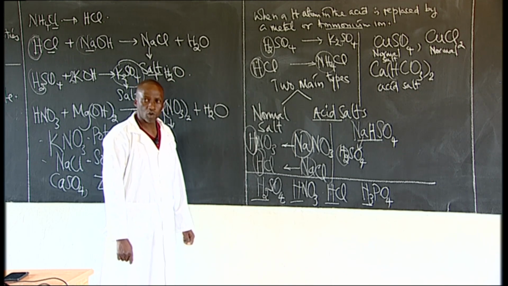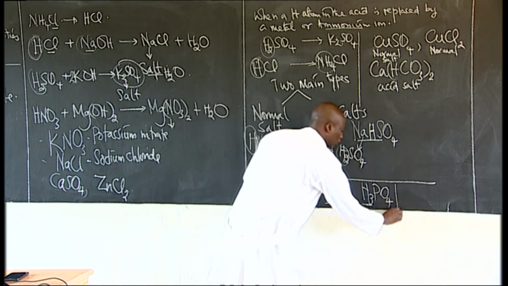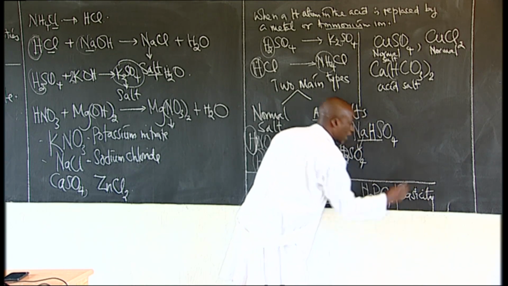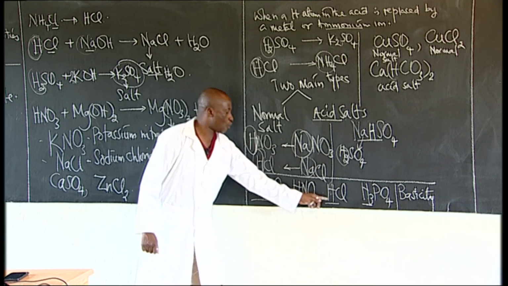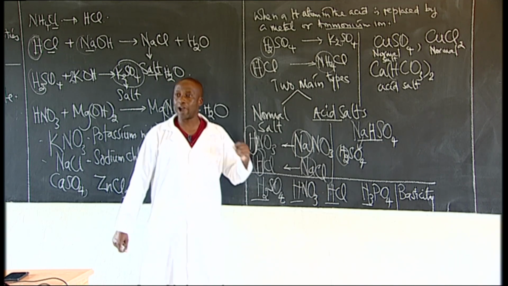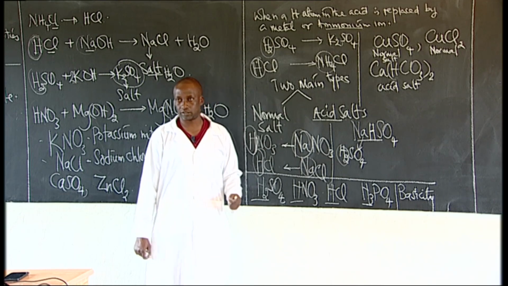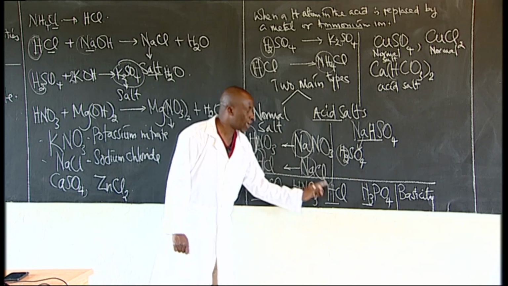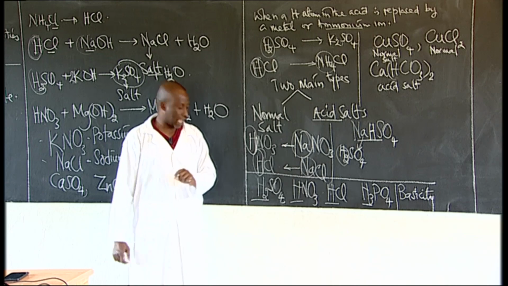And what is the meaning of this? So we use the word basicity to describe the nature of these acids. Those that have 1 hydrogen atom are said to be monoacidic, or we say monobasic acids.